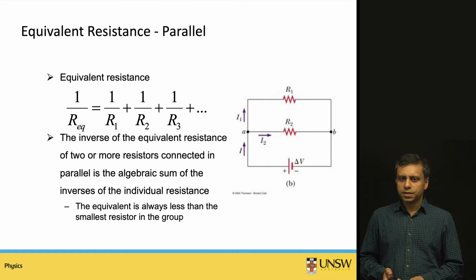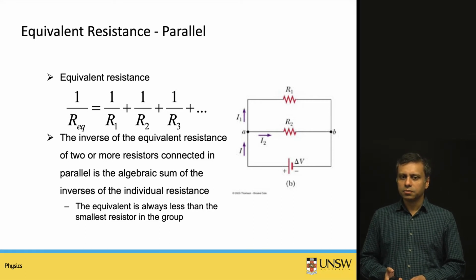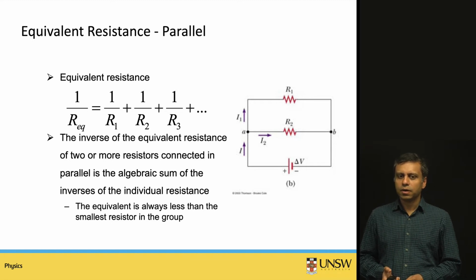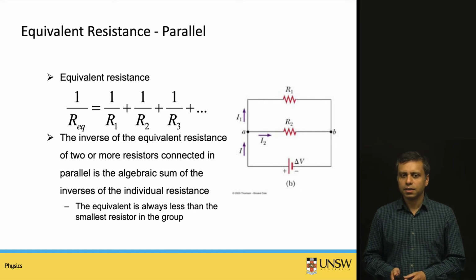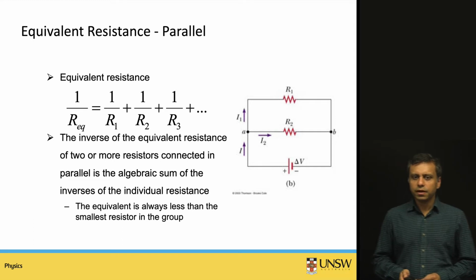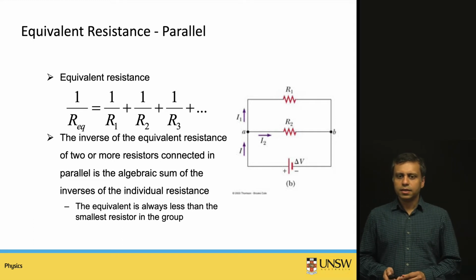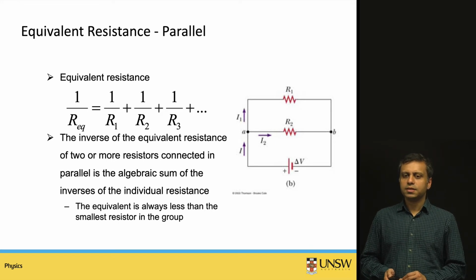So if you have two resistances, R1 and R2, you calculate the sum of 1 over R1 and 1 over R2, and the inverse of the equivalent resistance, 1 over Req, would be equal to this sum. From there you can find the magnitude of the equivalent resistance, Req. It is important to note here that the equivalent resistance is always less than the smallest resistance in the group.